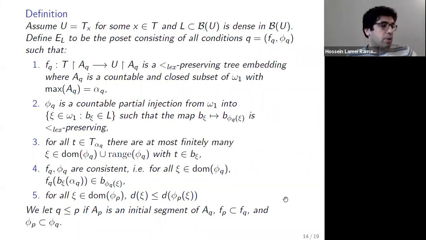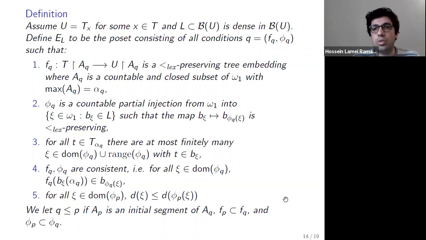Okay, now we are ready to talk about the forcing which is adding embeddings from the whole set of branches to the somewhere dense sets. These posets have two parts, F_q and phi_q. F_q is going to be some partial tree embedding, which means that we take the truncations of the tree and restrict it to some sets of ordinals A_q, and we send it to the corresponding levels of the subtree that we considered.